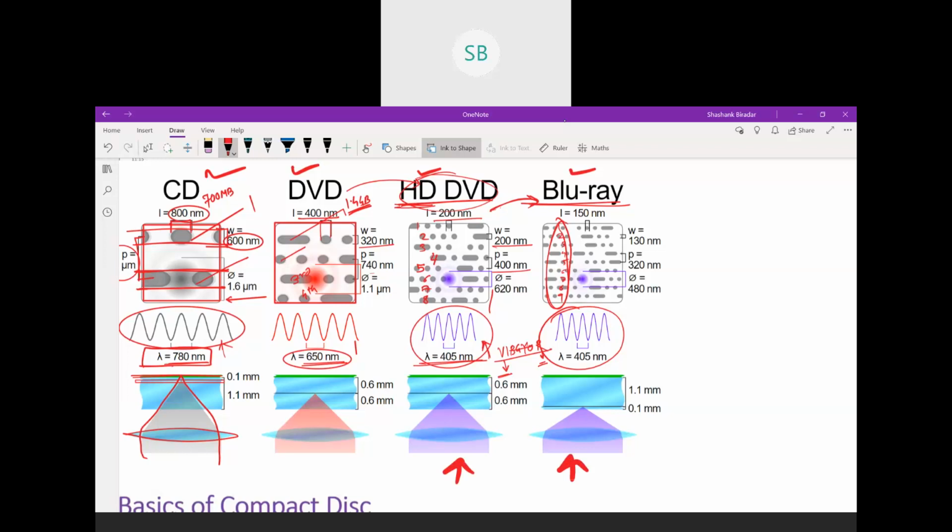The second fundamental differentiation is the physical parameters present on the disk in the form of data. Basically we are dealing with the track length, track width, track depth, and inter track differences. Are you getting it? So all these parameters are there. Then there are more details about the wavelength of the infrared, red laser and blue laser that has been used.